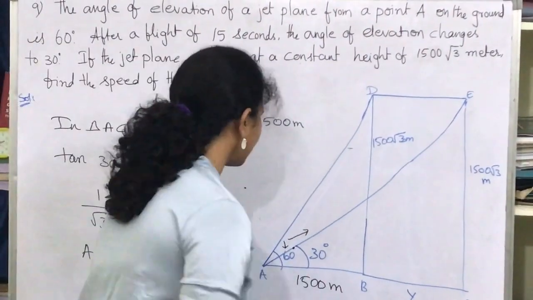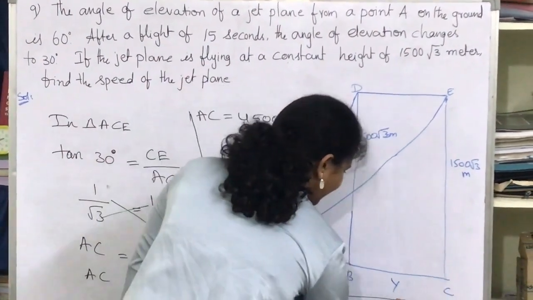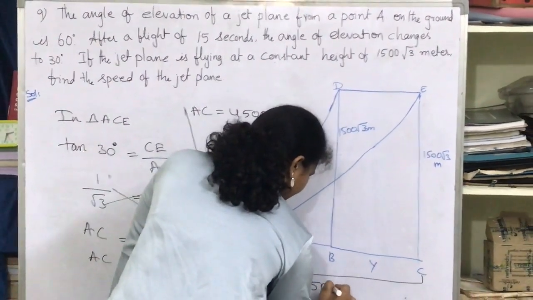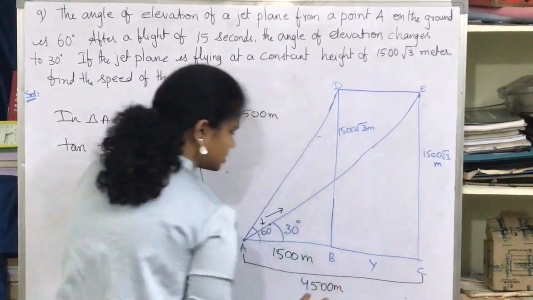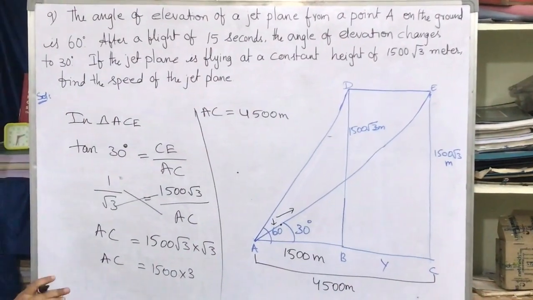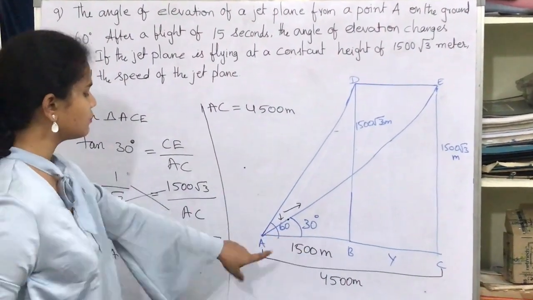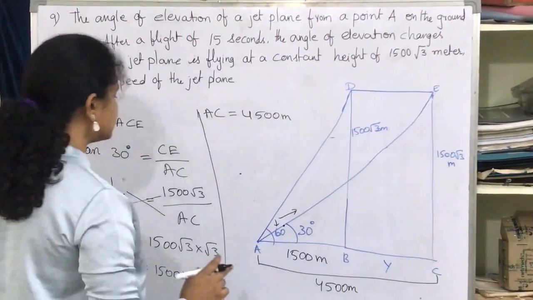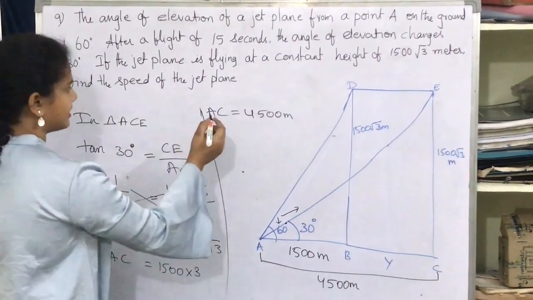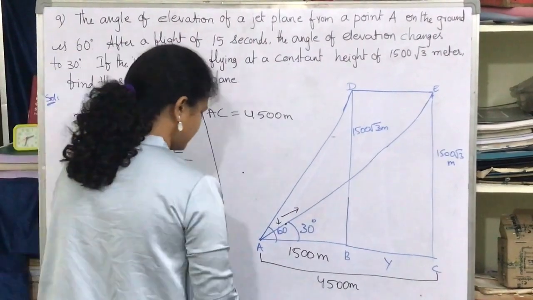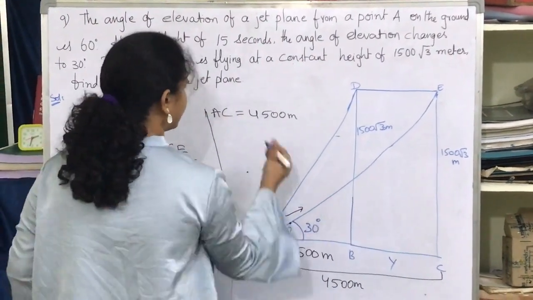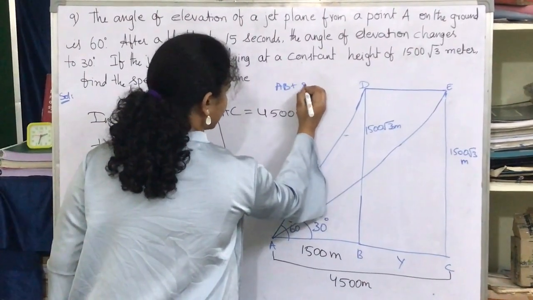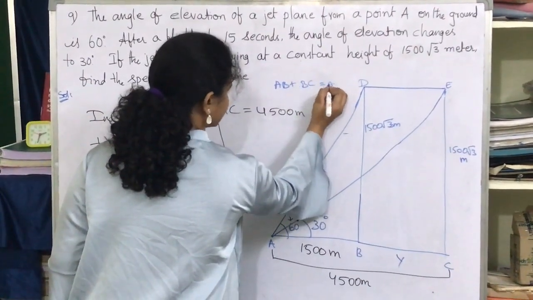So you have total AC, where AC value is 4,500 meters. Done. So the distance AC is 4,500, but I need BC. As we know, AB plus BC equals AC.